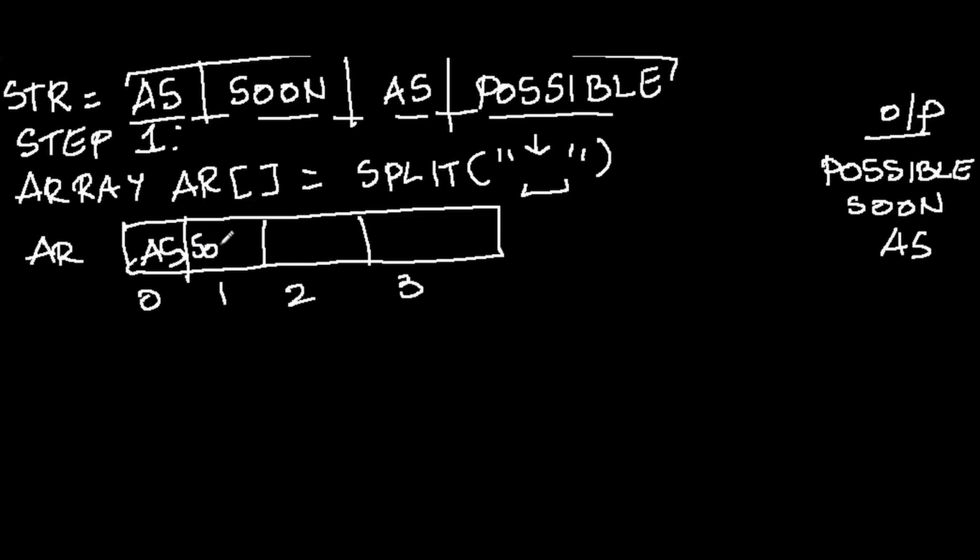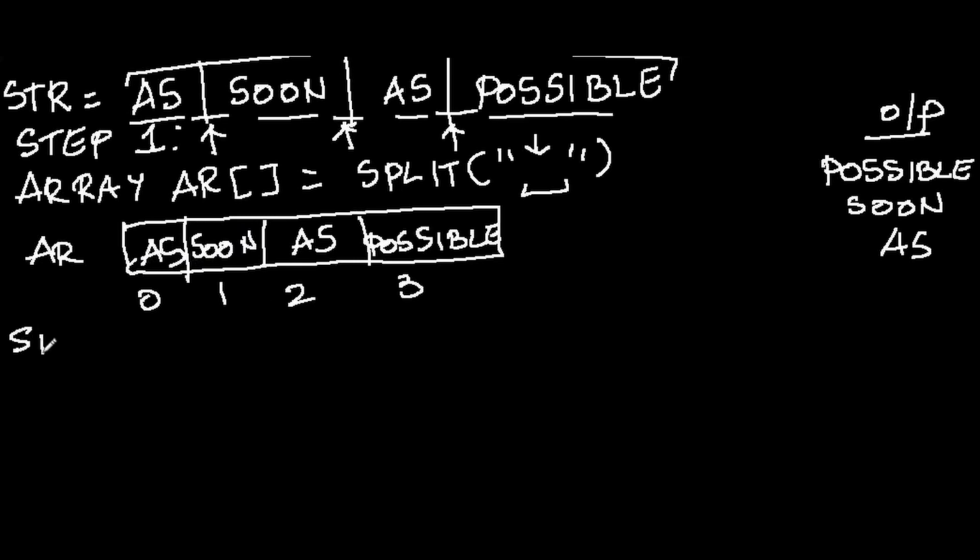So this soon will be stored, that is from this point to this point. And then here it will again start reading and the first encounter of the space is here. So AS will be stored here. And then it will again start reading. It reached the end of the string. So the remaining thing will be stored here. So now you have an array with each word stored separately.